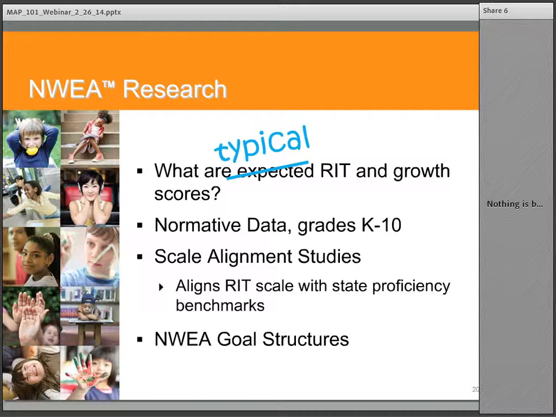It's great information. And those NWEA goal structures are very important. They give us a lot of information about what's happening with our students when we look at the results of this test.